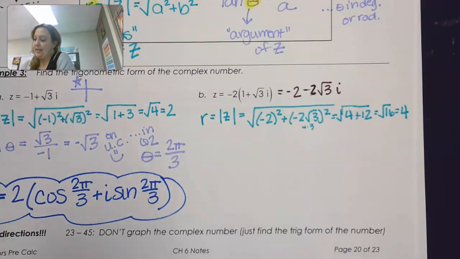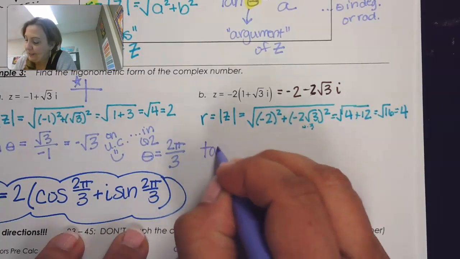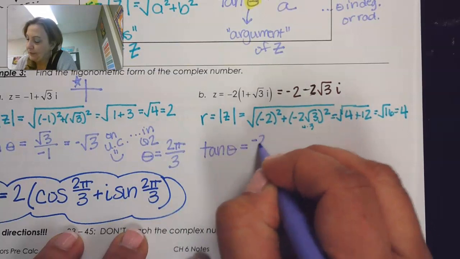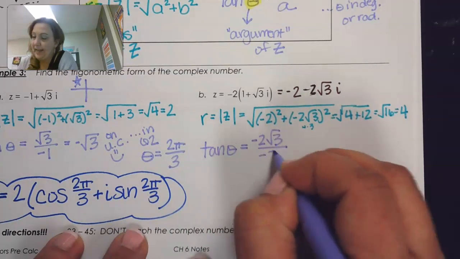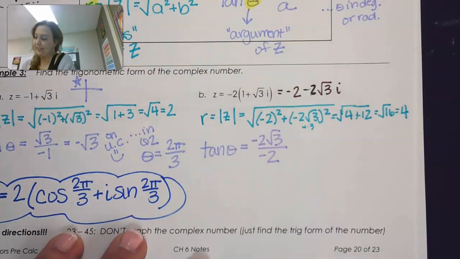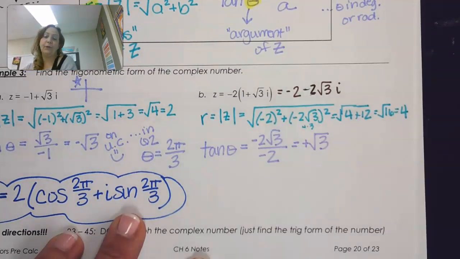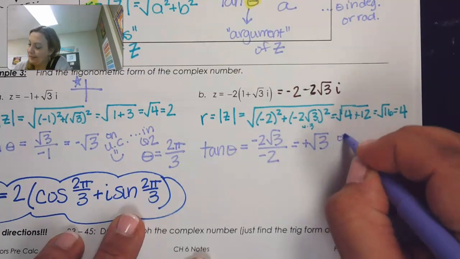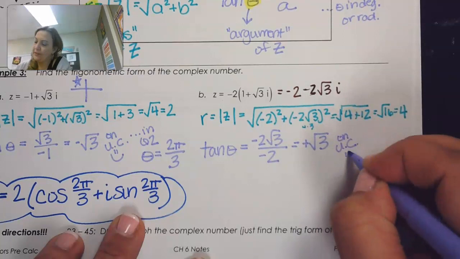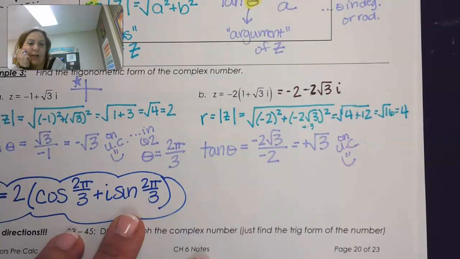Okay. And now we'll find theta by using the tangent of theta equals b over a. So these cancel, and this ends up being +√3. So once again, this is nice because this is on the unit circle, so we don't have to use our calculator.